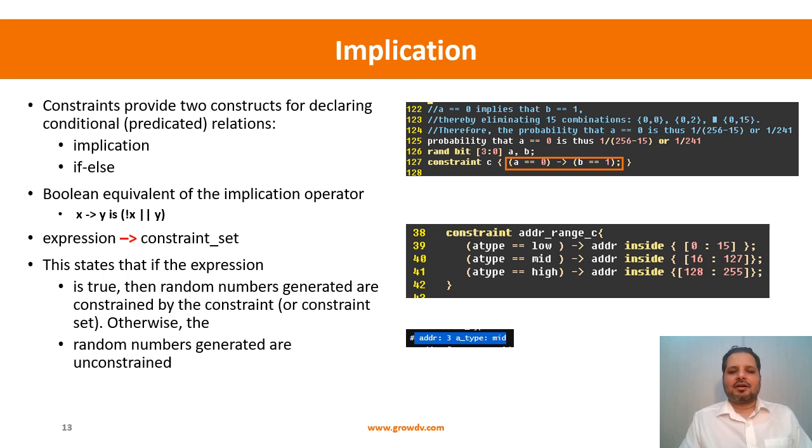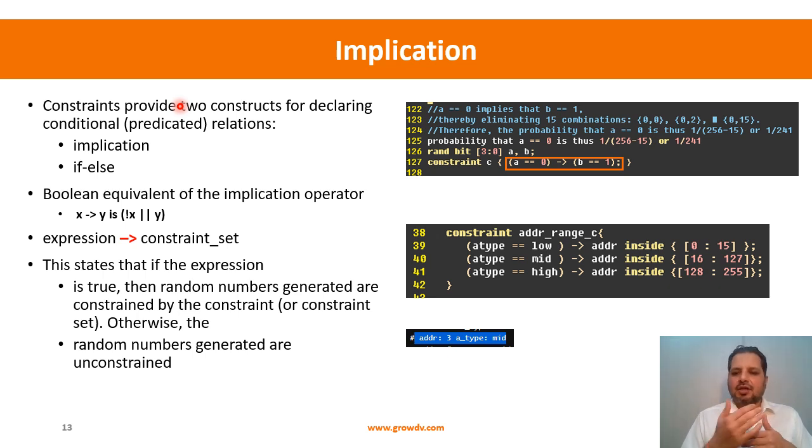Okay, let's look at the implication operator. The implication operator is one of the important operators of the constraint block. Whenever you want to define a relationship between two variables, that is, when this particular variable takes certain values, you want another variable to take a certain set of values in one way, you have two options.